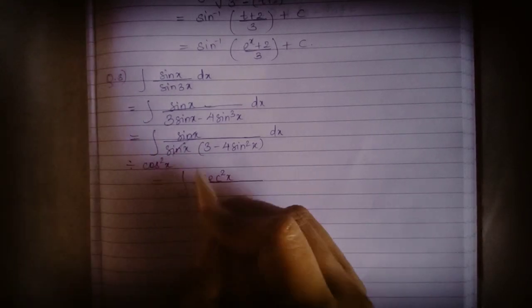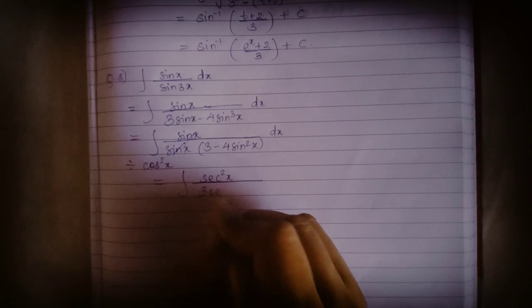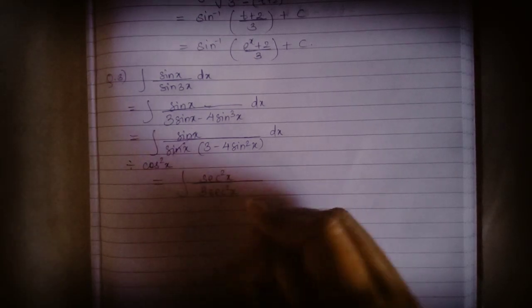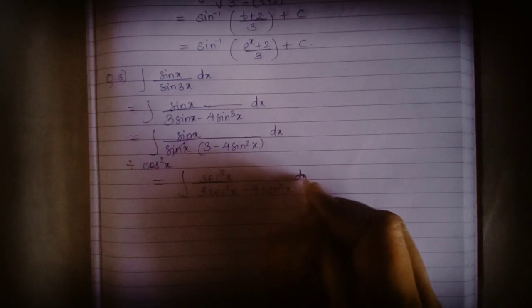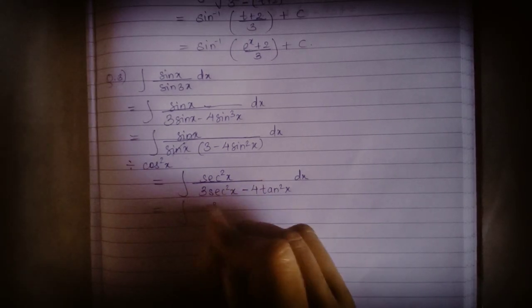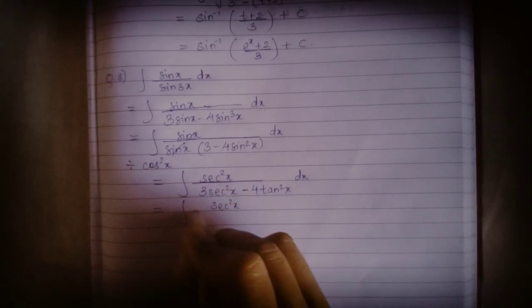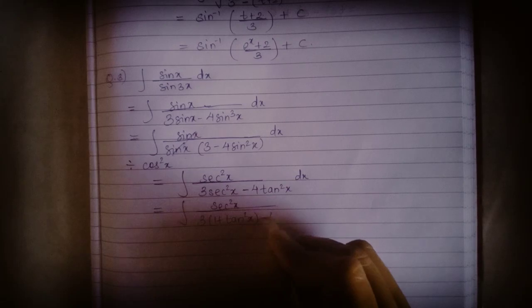Okay, and in the denominator it will be 3 sec square x minus 4 tan square x dx. Okay, so this sec square x I can write as 1 plus tan square x, which is again a trigonometric identity.